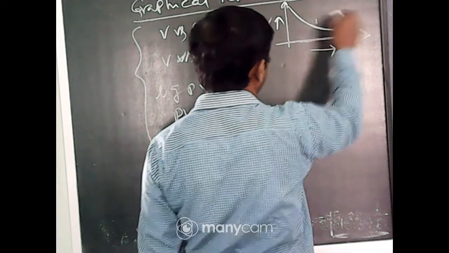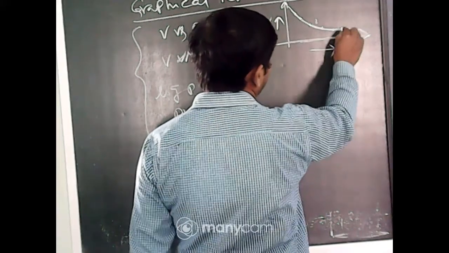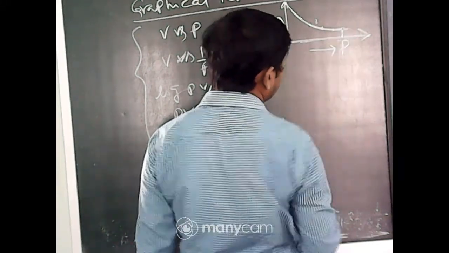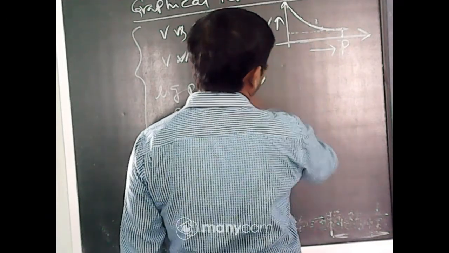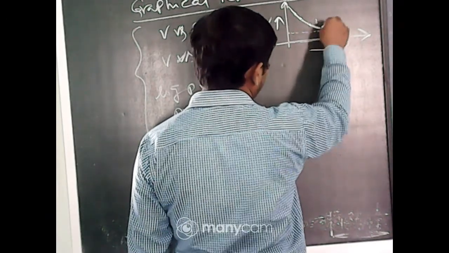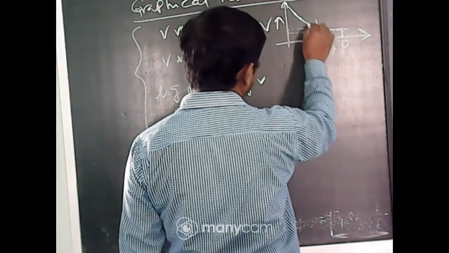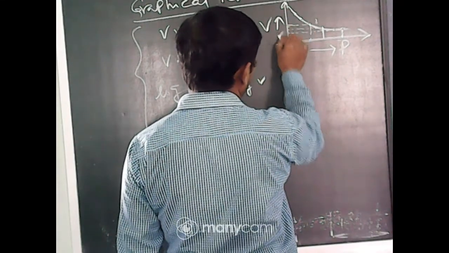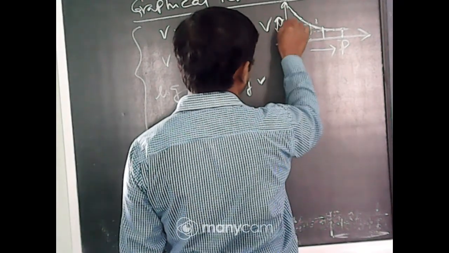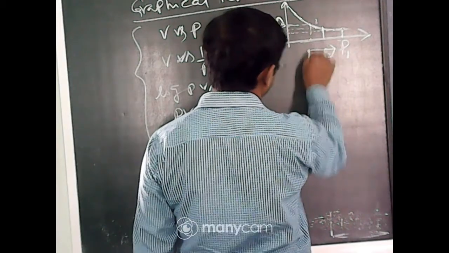Parabolic curve is there. So these are the points. When the pressure is here, just extrapolate the straight line. When the pressure is here, also extrapolate it. Then you can say V1, V2, V3, and P1, P2, P3.